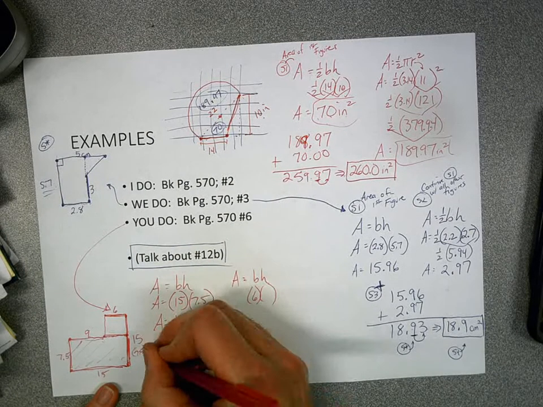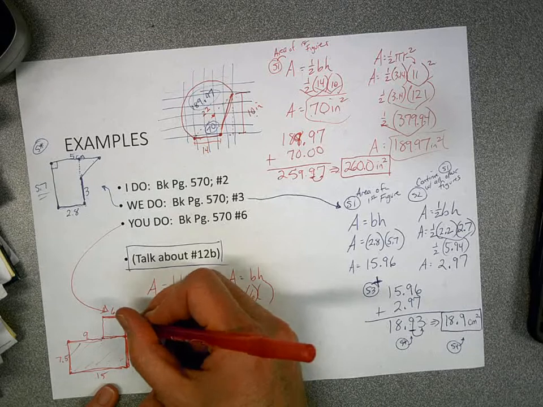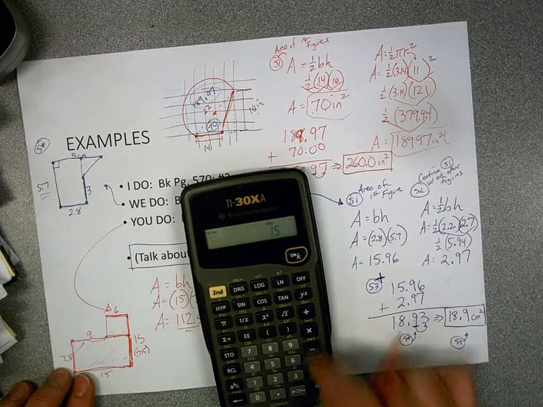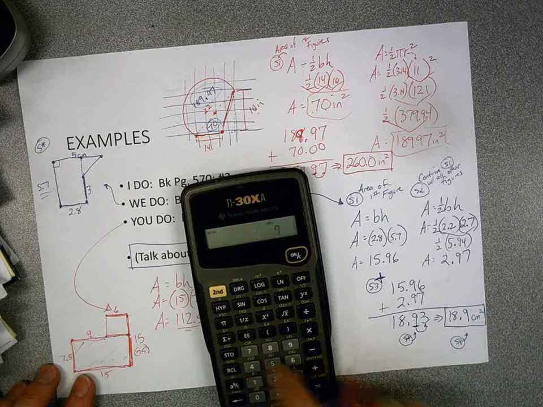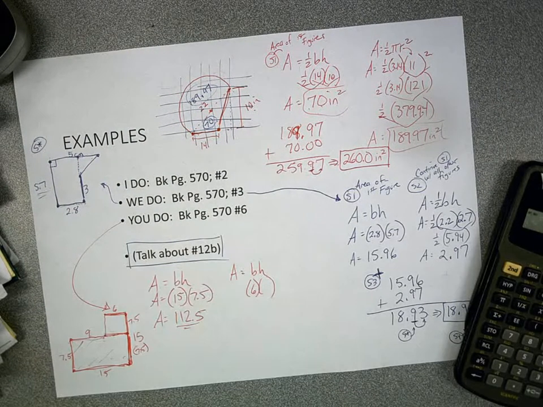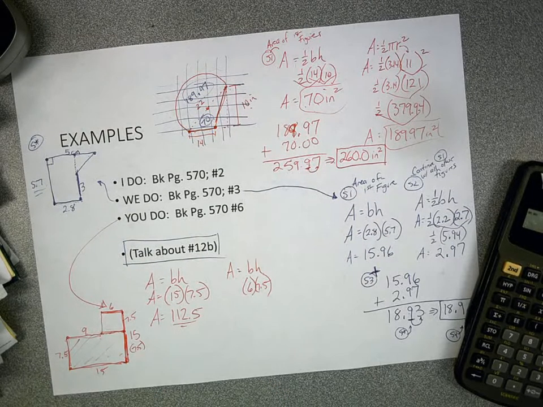So if I take 15 and subtract out the 7 5/10, that should give me this side here. So 15 minus 7 5/10. And of course, that's halfway up, right? 7 5/10 there. So the height is 7 5/10.